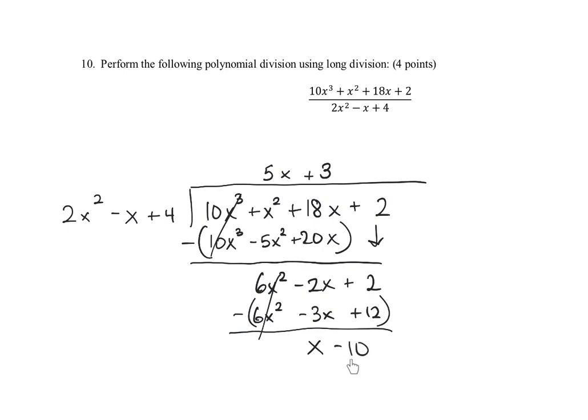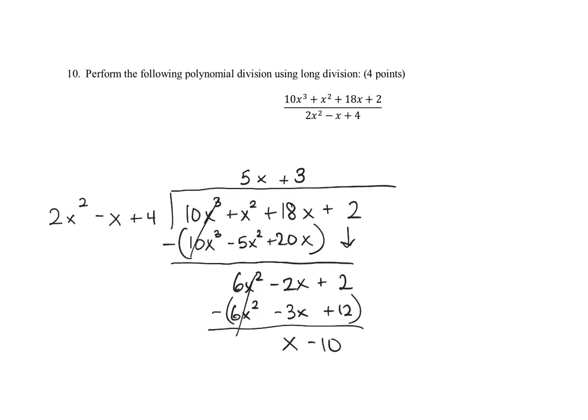Now, this becomes the remainder. And what we talked about is once whatever is left over here has a smaller degree than this, then that becomes your remainder. So we have the quotient here plus the remainder divided by the divisor.